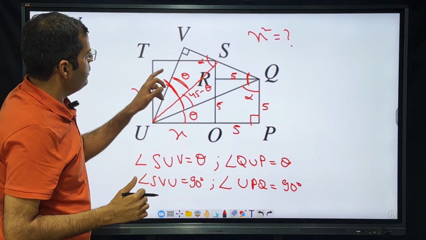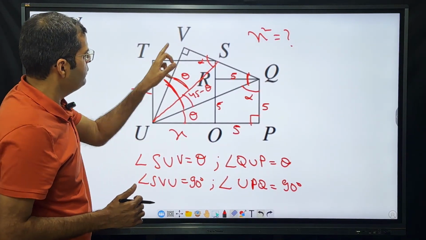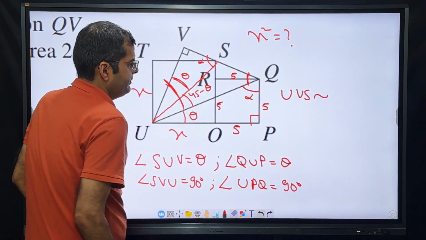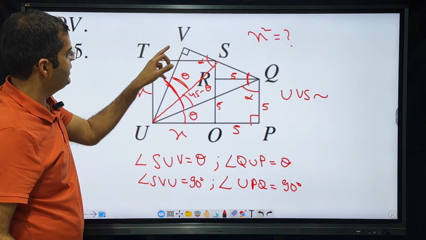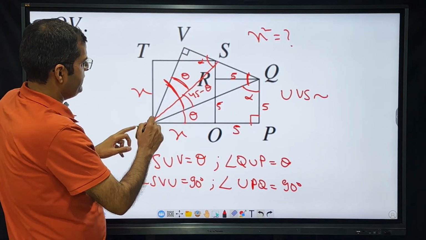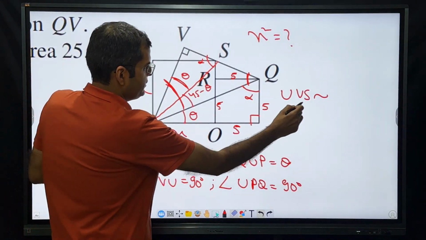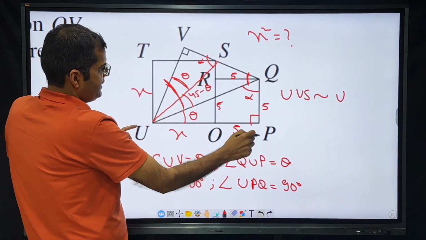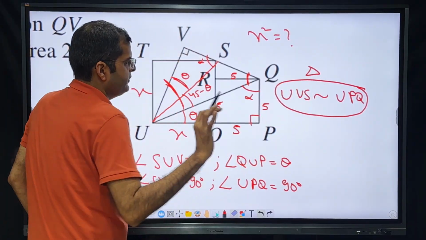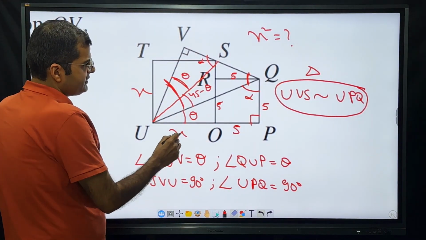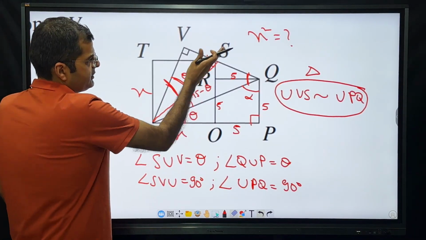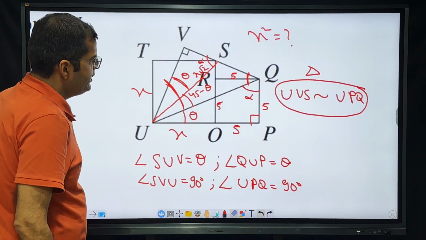So triangle UVS is similar to triangle UPQ, with V at 90 and P at 90. This is the first conclusion I made. Also, if the side is x, this side has to be x root 2 because that is the diagonal of the square.